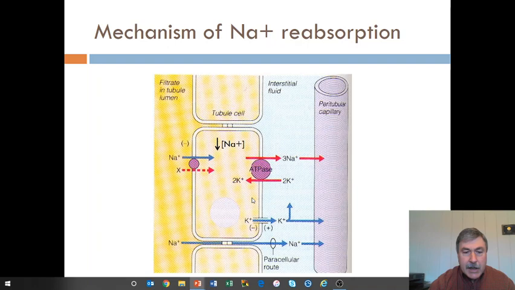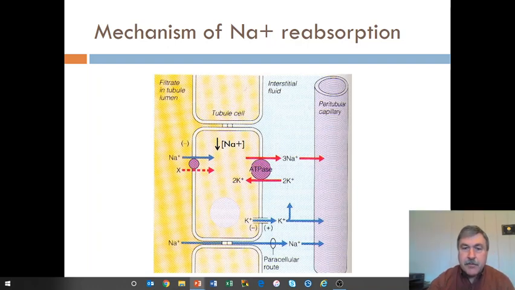Now, what that does is that increases the concentration of sodium in this interstitial fluid. So that's going to create an osmotic gradient, which is going to drive the reabsorption of water.